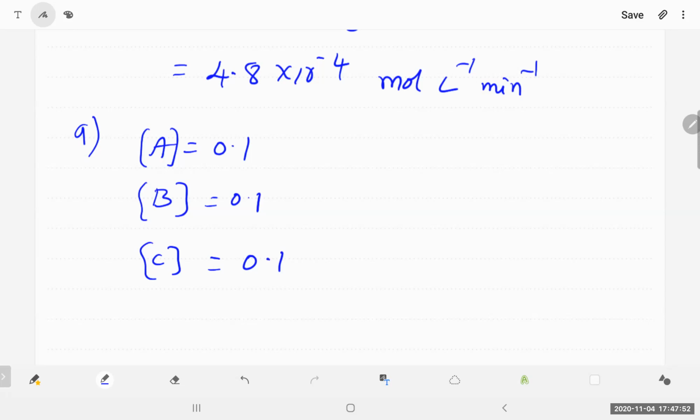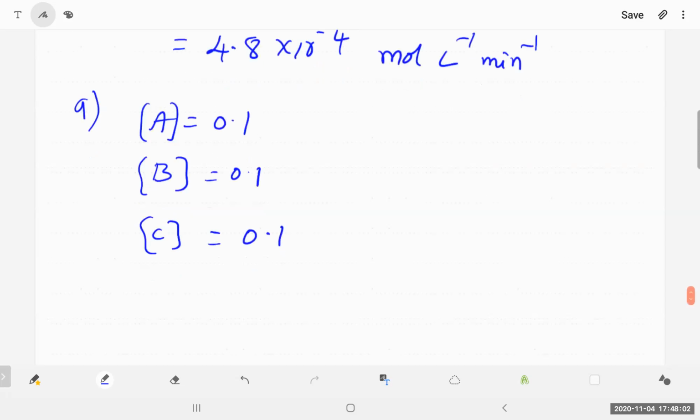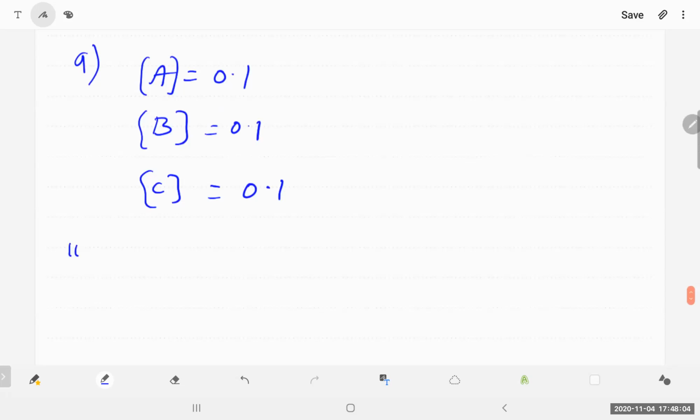Because very simple one, according to the given data, C is independent. That is option C is correct.